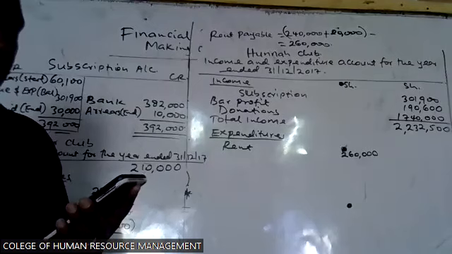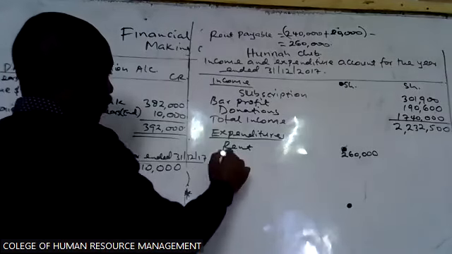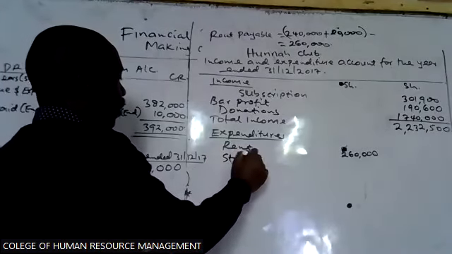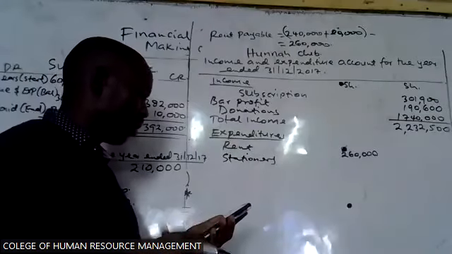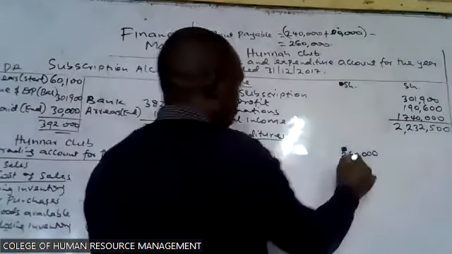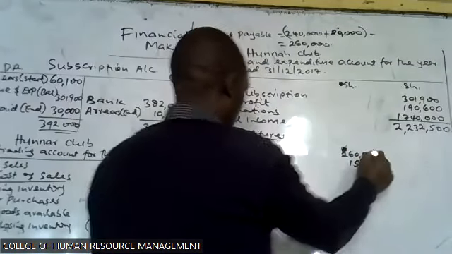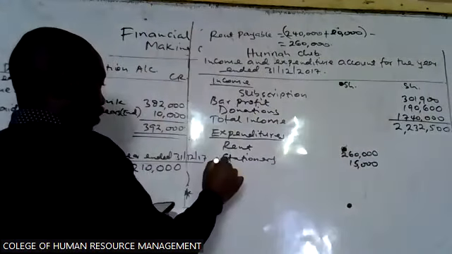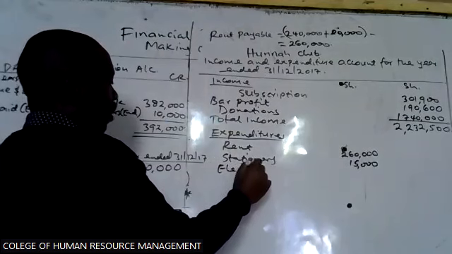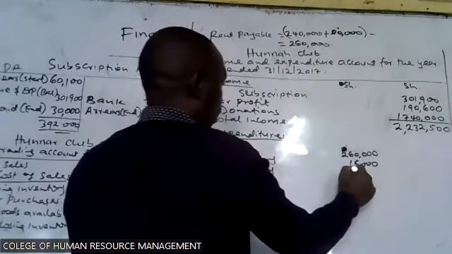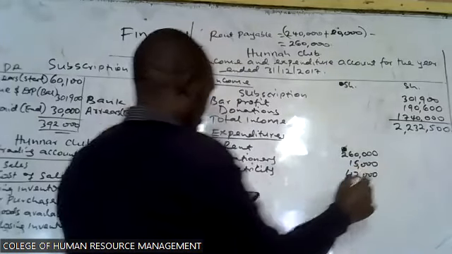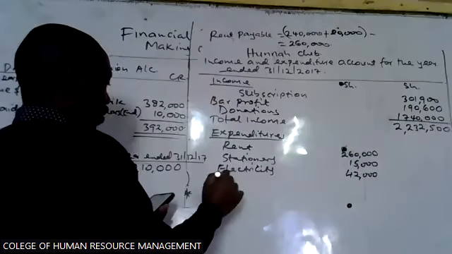So if you go to the payment side, we have the stationery. Because it was not supposed to be adjusted, we use the figure as it is, 15,000. We also have electricity, 42,000. We also have service and wages.